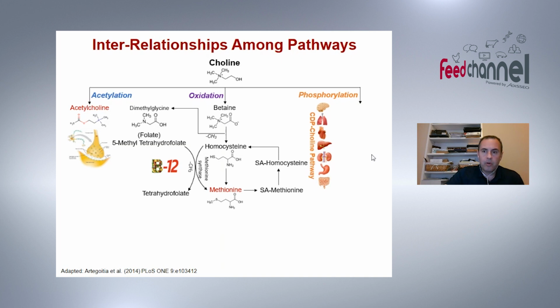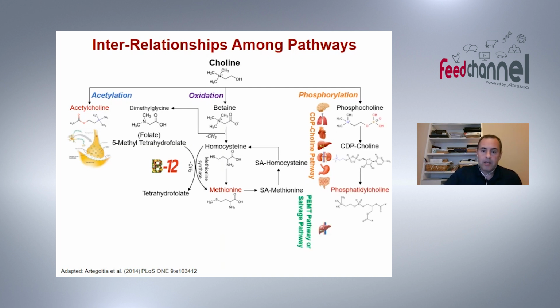So I showed you before that choline can be synthesized through the de novo pathway that's called CDP choline pathway, which is this here, or choline can be synthesized in the hepatic tissue through the salvage pathway that requires phosphatidylethanolamine that receives methyl groups from S-adenosyl methionine to be converted eventually in phosphatidylcholine.